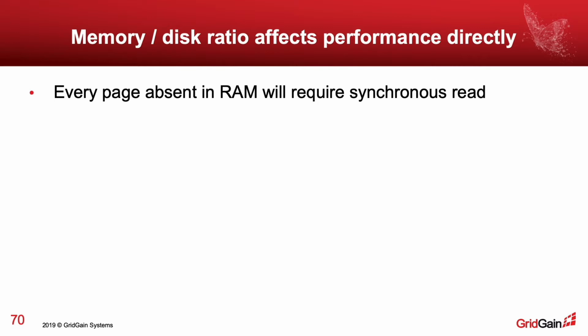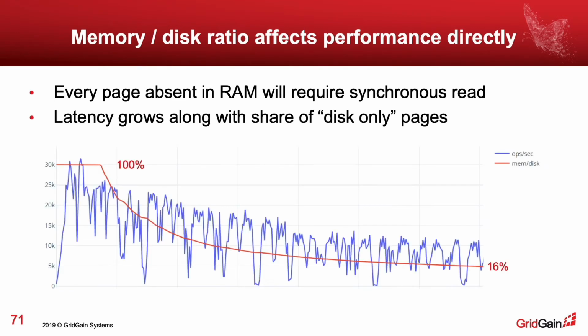So here's an approximate graph. There are 2 lines. The first line is blue, and it's the operations per second value. And the red line is the percentage of how many pages are present in your RAM.